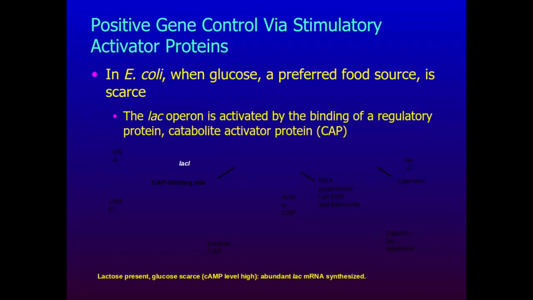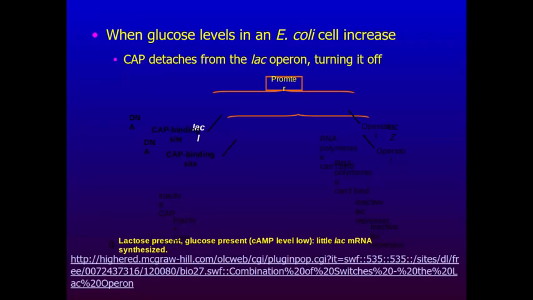It binds to the promoter region and it enhances RNA polymerase. It says, hey, you need to bind right now. Okay? And when the repressor is off and this one is bound, it's going to transcribe those genes in order to break down lactose because there's no other food source available. Okay? So it's going to break down lactose.